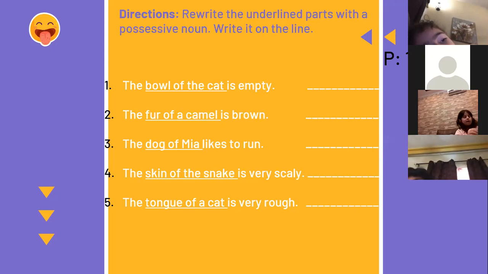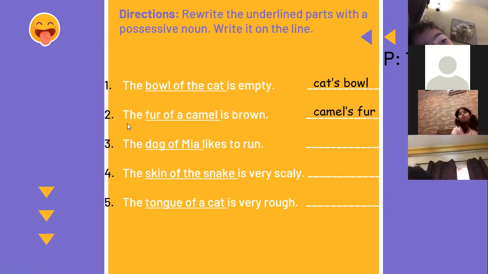Cat and apostrophe S. Bravo. The cat's bowl. Bravo, Aline. Ranim, number 2. The fur of a camel is brown. Camels. The camel's fur. Yes.